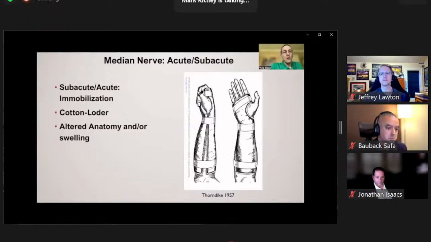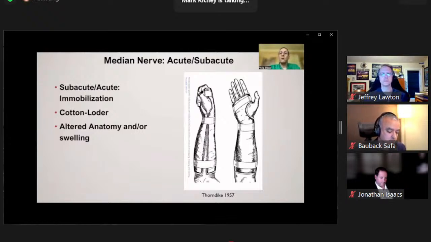But worth spending a moment on the cotton loader position, and this is an image from the 1950s demonstrating that the typical cotton loader position really is only suggested to be in slight ulnar deviation and slight flexion, and it is really extremes of that which have been disparaged because of their propensity to bring on median nerve dysfunction.